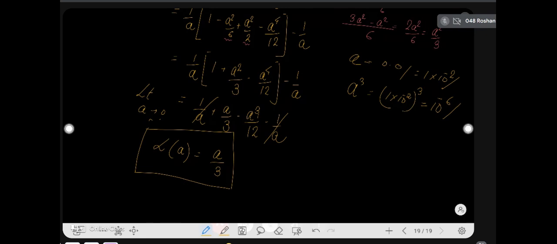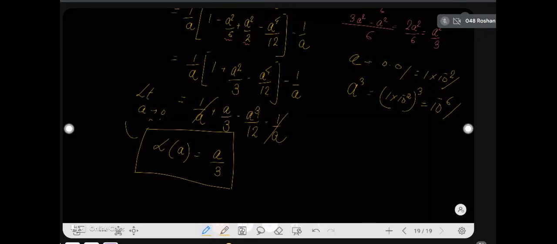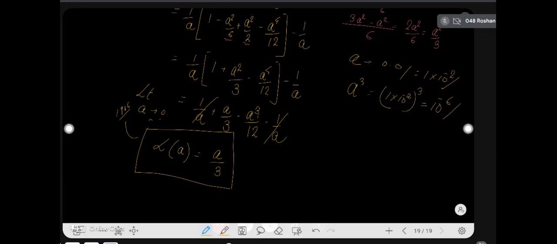Now let me clarify some of the points. As I have discussed with you previously, this Langevin function theory was proposed in the year 1904, and now we are in 2025. By this time, many computational software packages have been developed by theoretical and computational chemists and physicists.